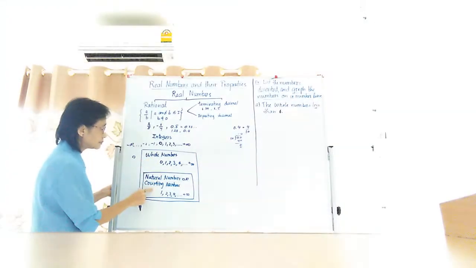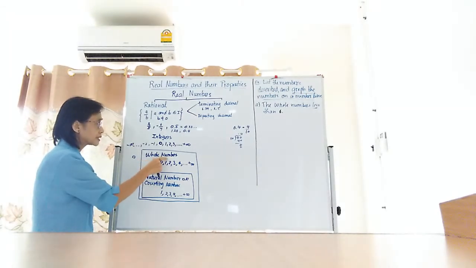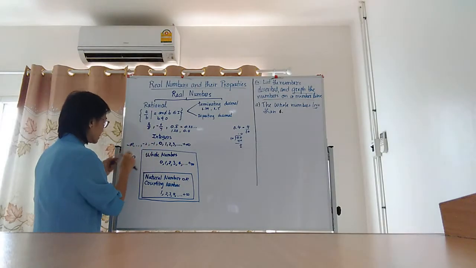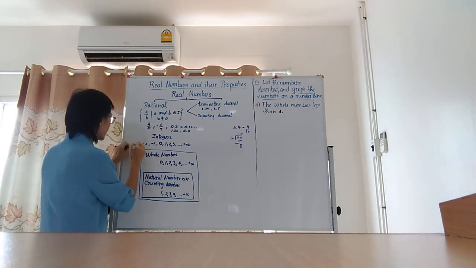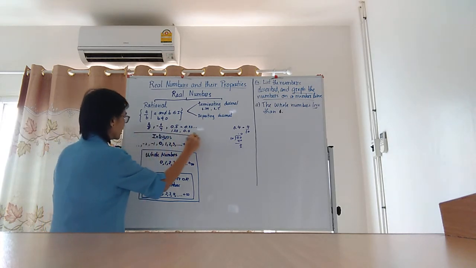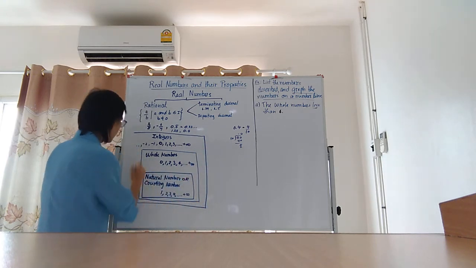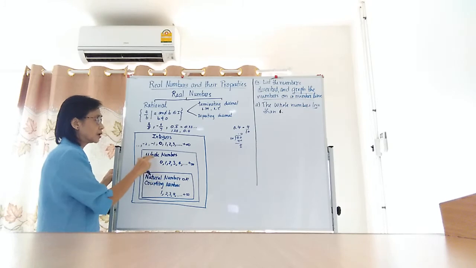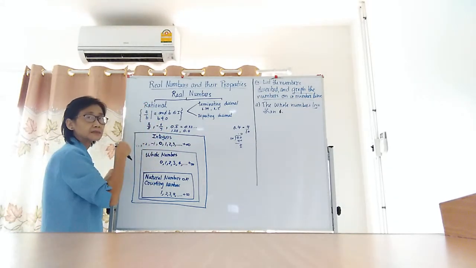And then natural numbers or counting numbers and whole numbers are subsets of integer numbers. So I can write the diagram also as a subset of this one. And finally, natural numbers or counting numbers, whole numbers, and integer numbers are subsets of rational numbers.